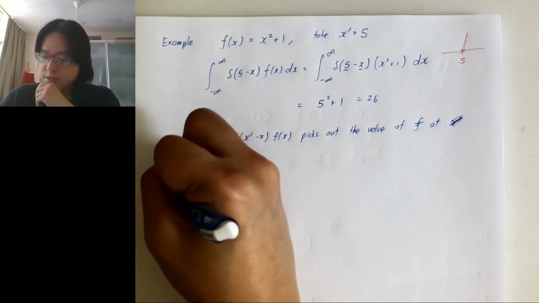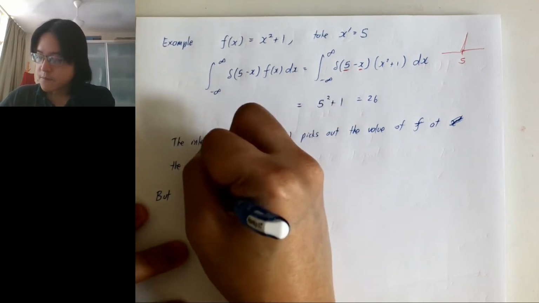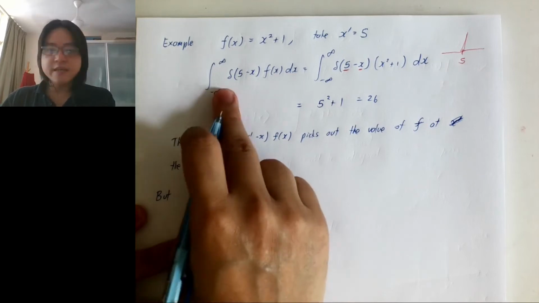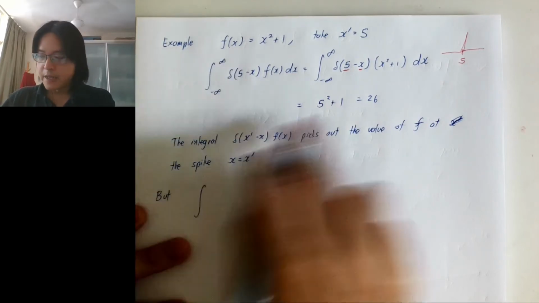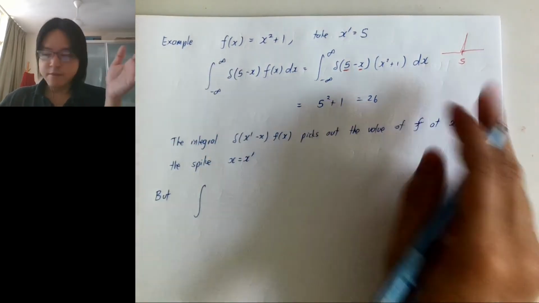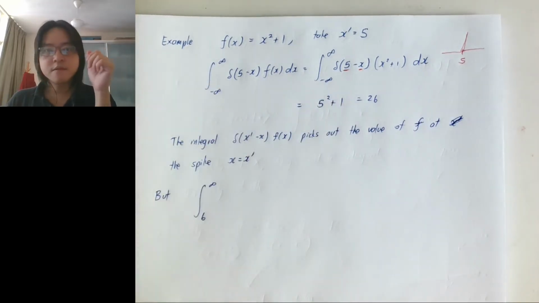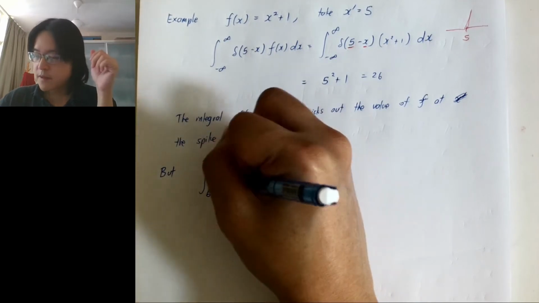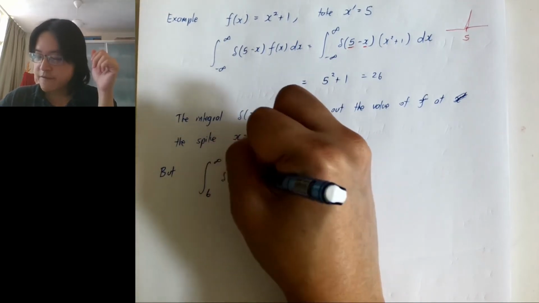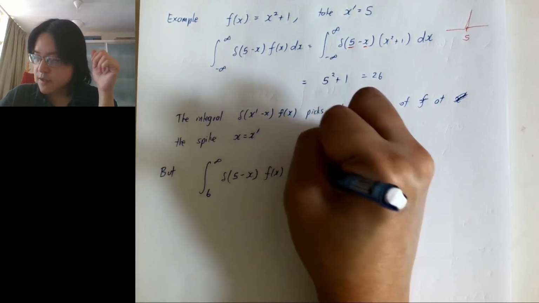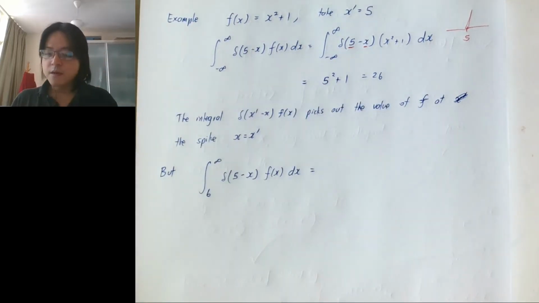Let me ask you this question. This is the integral from negative infinity to infinity, and the spike is at 5. So if I integrate from 6 to infinity, what answer do you get? I integrate my delta function 5 minus x and my function f of x. What do I get?